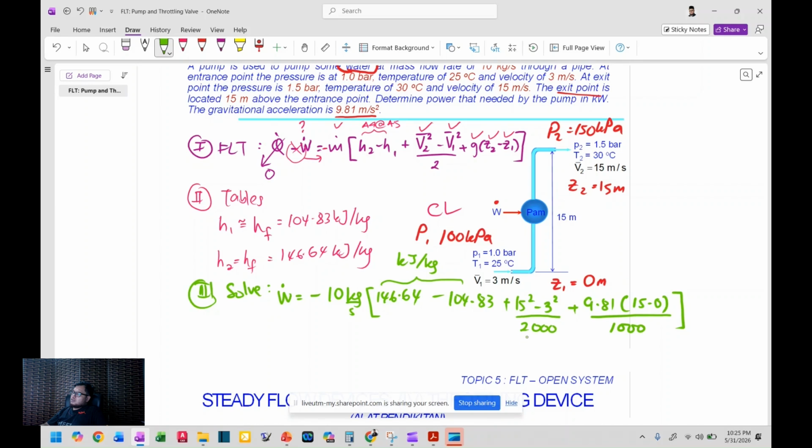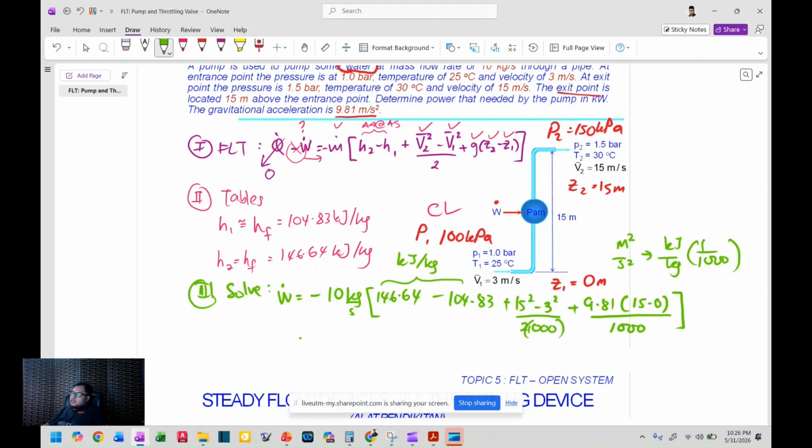This one is 2000 because initially it was 2 times 1000. So both of these terms, kinetic energy and potential energy, are initially in meter squared per second squared once you solve it. But meter squared per second squared needs to be converted to kilojoules per kilogram by dividing it by 1000. So you have to do the same procedure for both kinetic energy and potential energy terms.